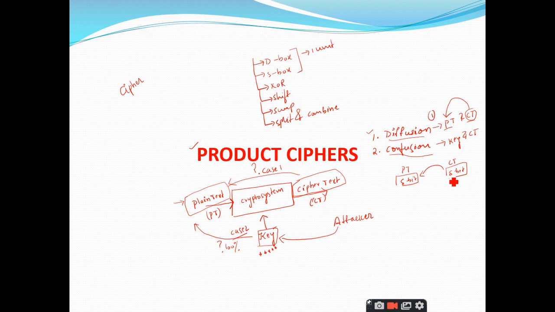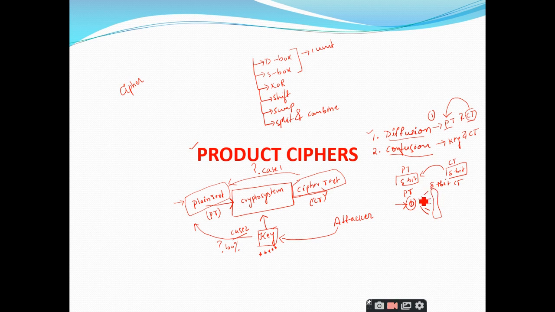Why? Because I am saying that diffusion is a concept where more symbols from the ciphertext are linked to the plain text. So that means one bit is linked to 8 bits. Assume that. So one plain text bit is linked to some 8 bits of ciphertext. So what happens here, if I change this plain text bit from 1 to 0, it will automatically reflect in all the 8 bits in the ciphertext.